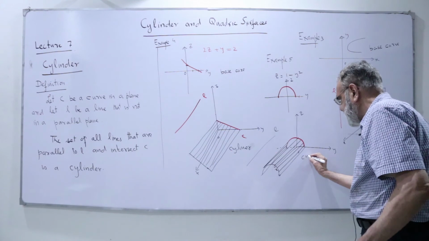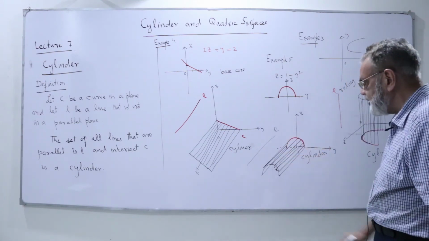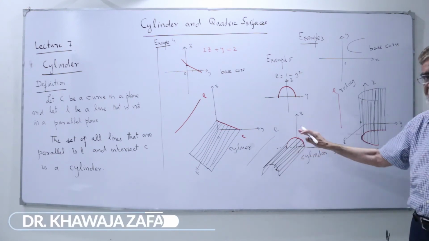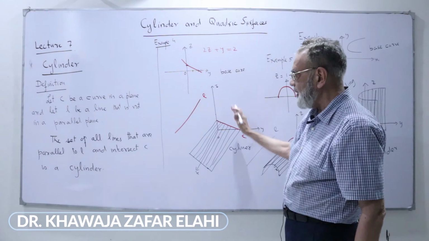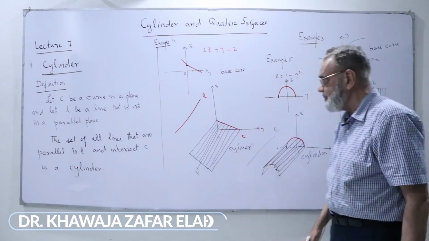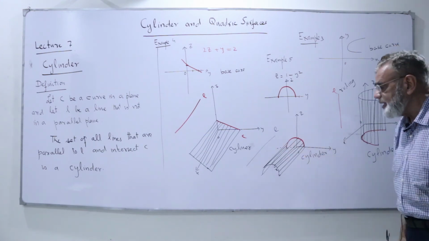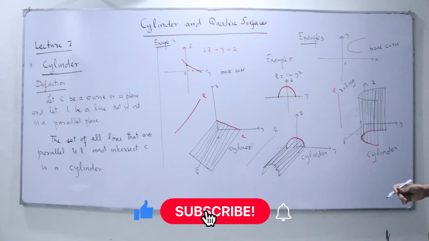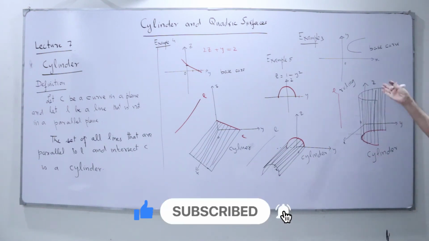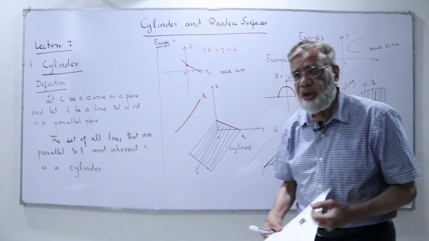This is my cylinder, and here is my line, the directrix or ruling, and this is my base curve. This is a line in the YZ plane, but a cylinder in XYZ space. This is a parabola in the YZ plane, and this is a cylinder in XYZ space. This is a parabola in our XY plane, and this one is a cylinder in XYZ space. These were the ideas about the cylinder. We'll move to the quadratic surface.